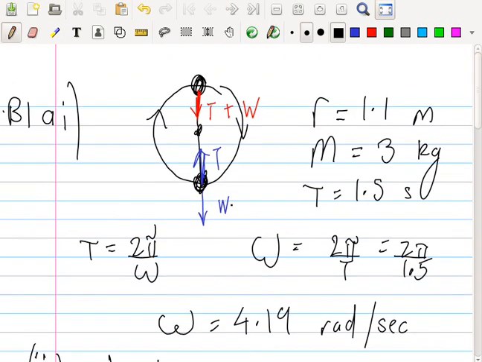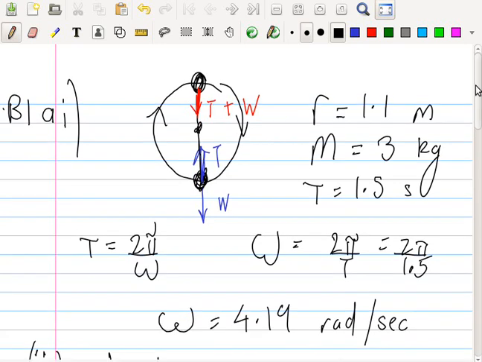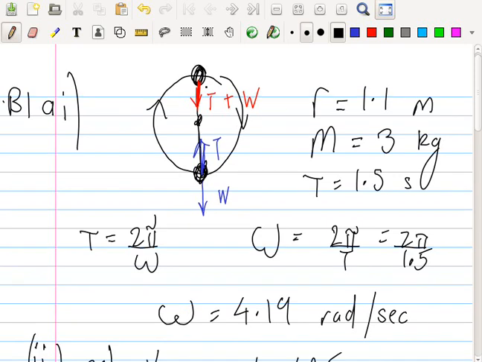So the only difference at the bottom is, you see, the circular motion is caused by the tension, but the weight is taken away from it. So this will end up basically making the tension bigger. So the only real difference is, instead of adding them like I do at the top, I have to subtract them.